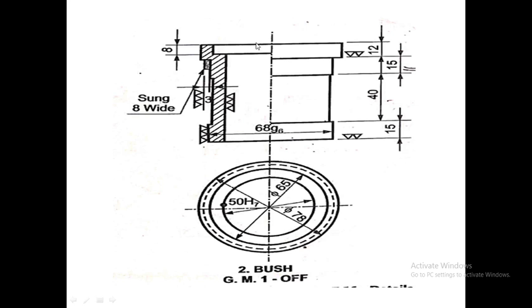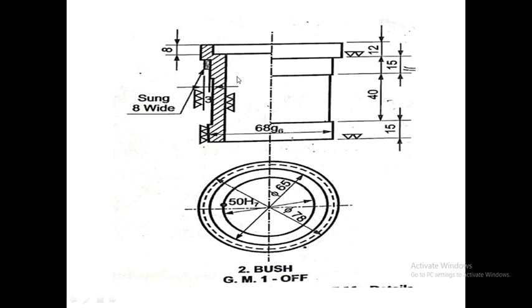So the diameter of this upper part will be equal to 78 mm. Similarly, from the top view, we can see the smallest diameter is equal to 50 mm. You can see inside, the smallest diameter is 50 mm.